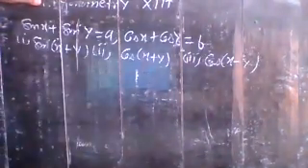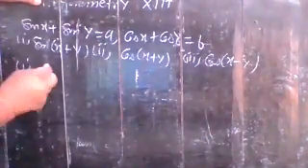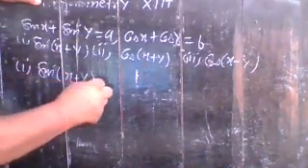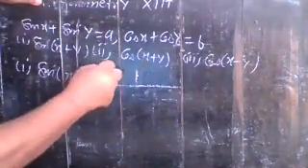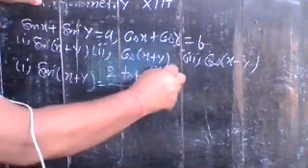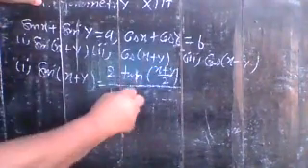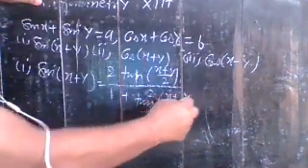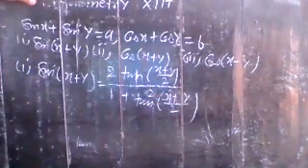Now your first part is sin(x+y), and sin(x+y) can be written as 2 tan((x+y)/2) upon 1 plus tan square((x+y)/2).